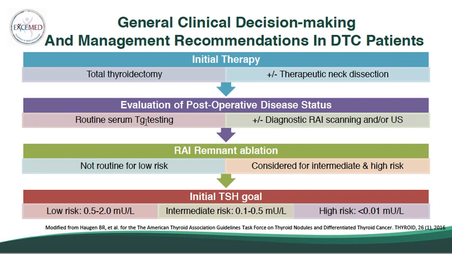If the thyroglobulin is very low, 0, 1, or 2, then most likely the surgeon was able to take out most of the tumor. And then you can do either a diagnostic scan or you can proceed with radioactive iodine remnant ablation.